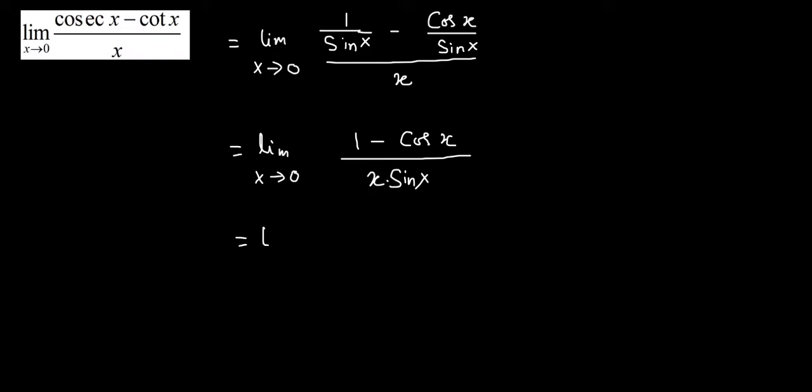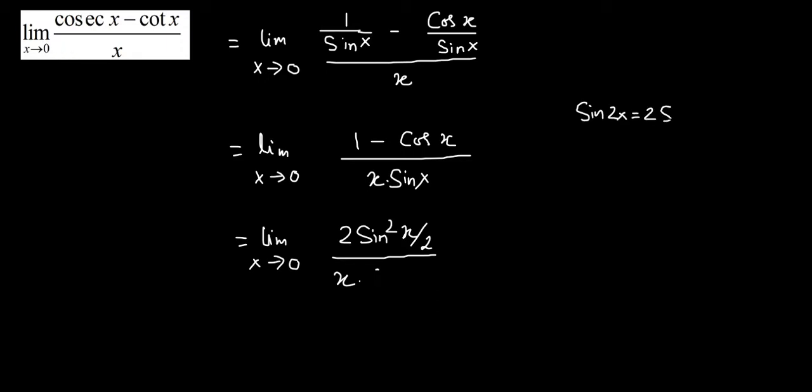Now 1 minus cosine of x can be written as 2 times sine squared x over 2, divided by x times sine x. So we know that sine of 2x is equal to 2 sine x times cosine of x. So sine of x will be equal to 2 times sine of x over 2 times cosine of x over 2.